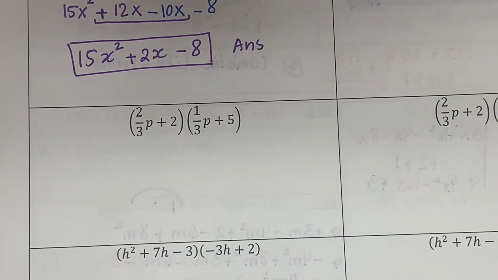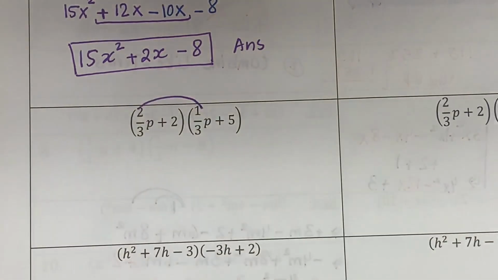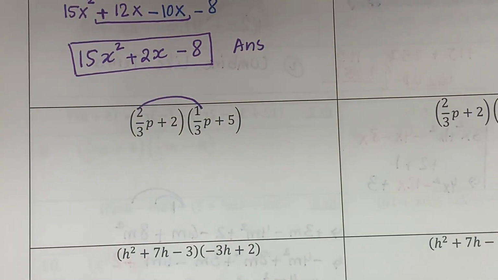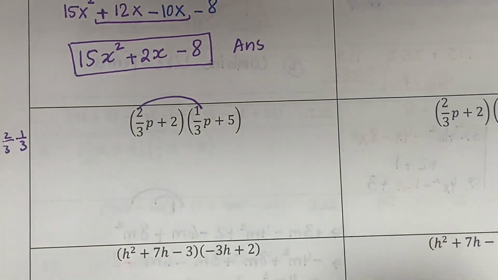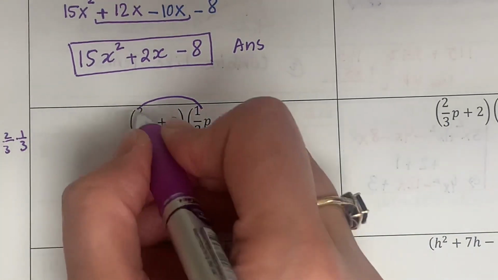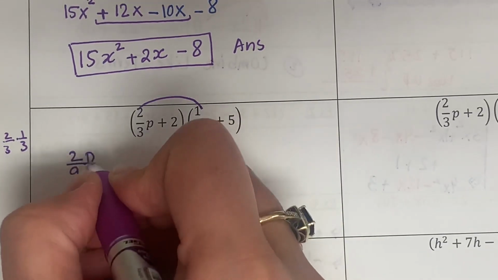And second thing is that if you are unable to multiply by yourself, then use the calculator to multiply your fractions. So let's just first make our loop. 2/3 multiplied by 1/3 p, so 2/3 times 1/3 is actually 2/9. p multiplied by p is p squared.